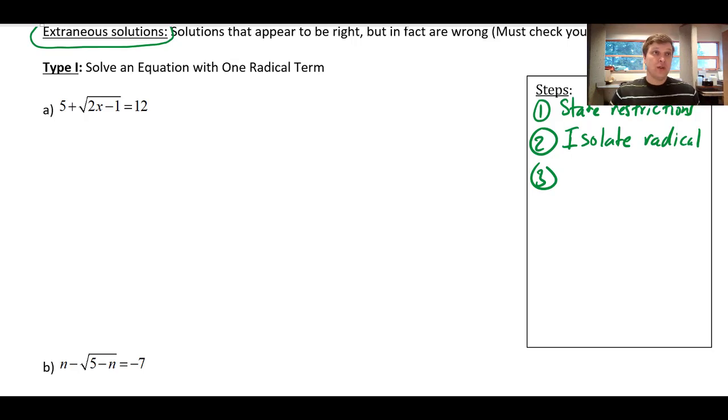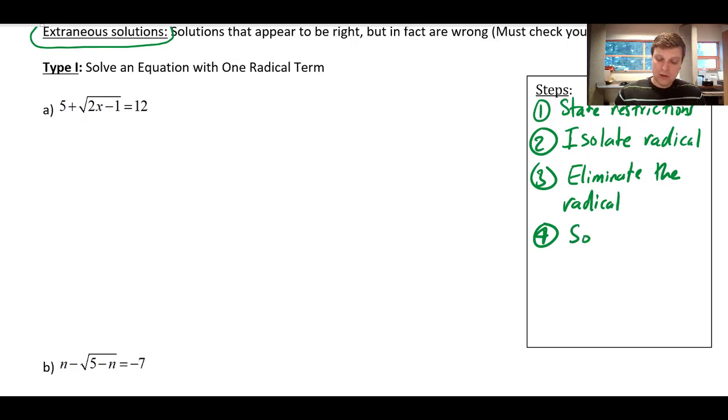If you're taking the cube root, you could cube it, or whatever you need to do to eliminate the radical sign. Then we can solve for whatever variable we're interested in. And that last step, which is so easy to forget, is we have to verify. Whatever answers we get, we always have to substitute them back into the original equation and see if they actually make any sense.